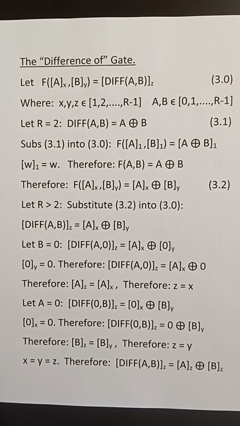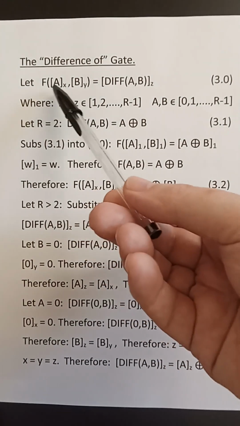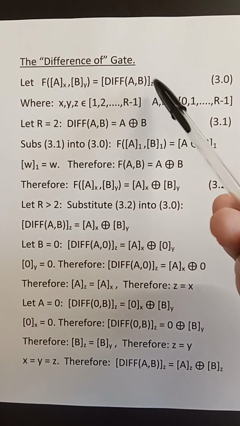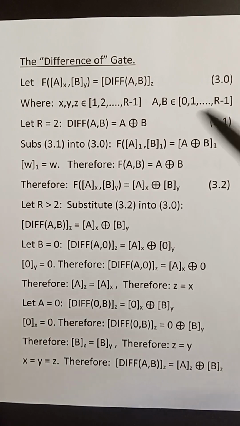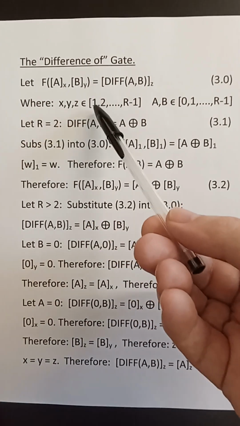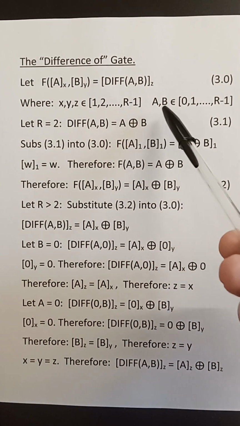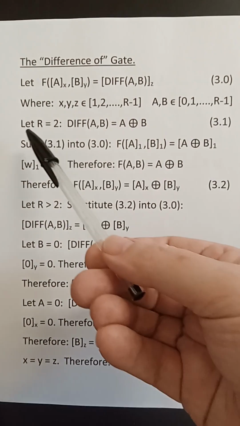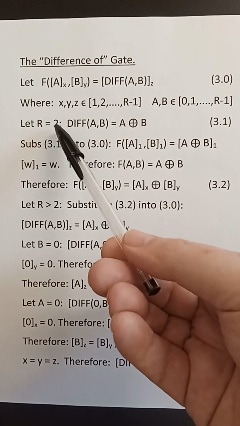So now we're going to deal with the difference gate. So again, we're going to let f(a^x, b^y) equals difference(a,b)^z. x and y are members of 0 to r minus 1. a, b is a member of 0, 1 to r minus 1. And so we'll let r equal 2, so we're dealing with binary.